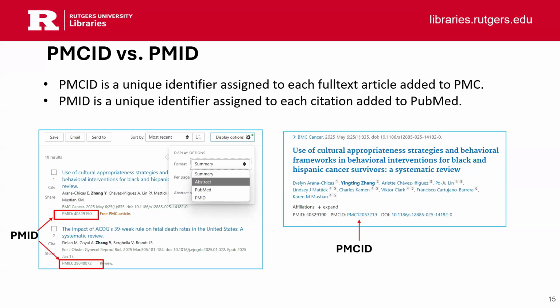So it is distinctly different from the PMC ID, and it is usually only for the PubMed record. So these are different. And here is an example showing you where they are shown in a PubMed reference.